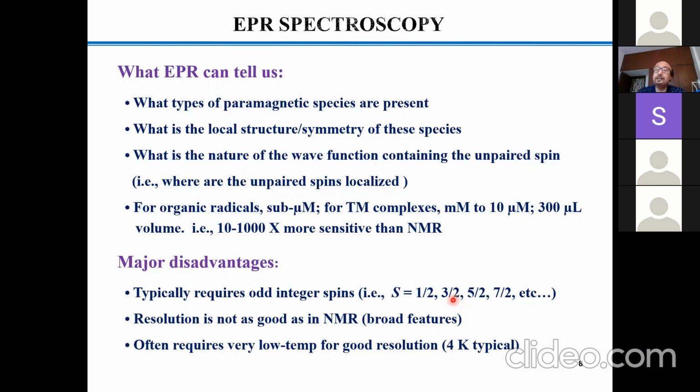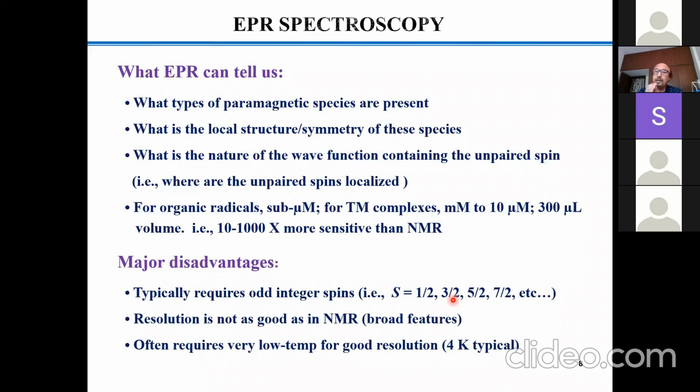That was the advantage part from the physics and chemistry points of view, but it has serious limitations. You have to have one unpaired electron, either half integer or integer spin.